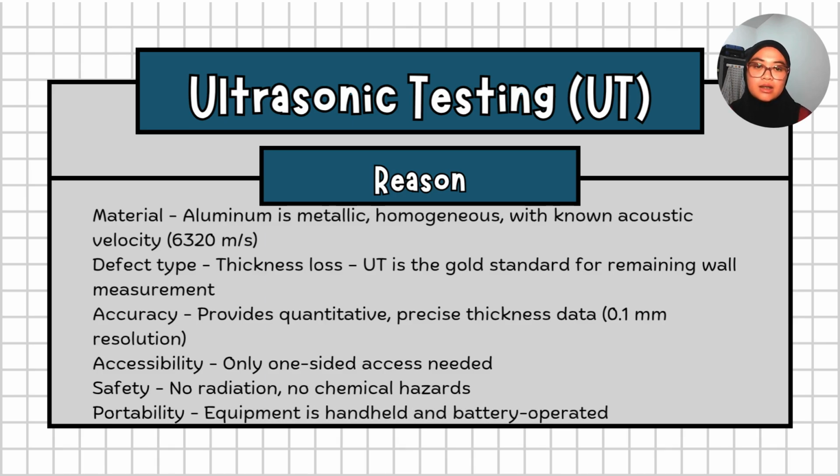Additionally, it only requires one-side access. It is safe because it does not use radiation, and the equipment is portable and easy to operate. Therefore, ultrasonic testing is the most appropriate method for this assessment.